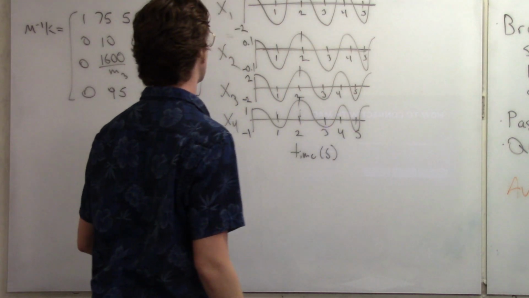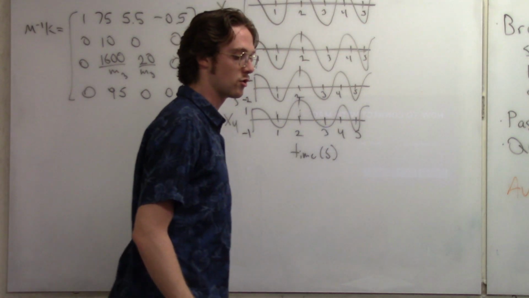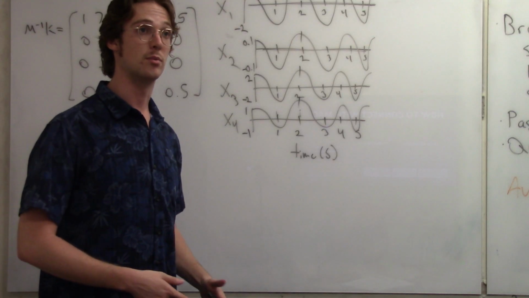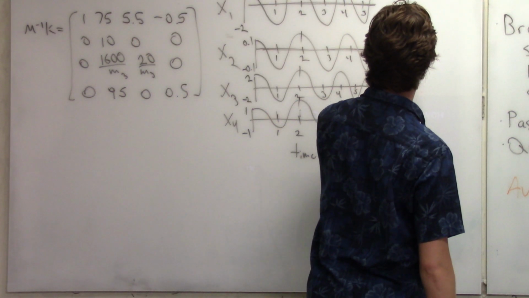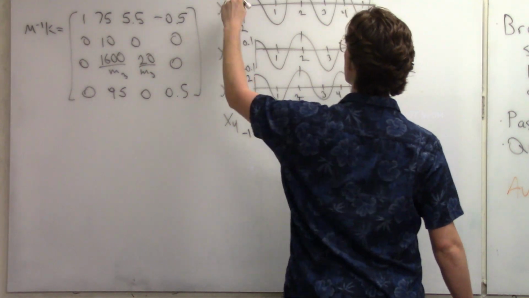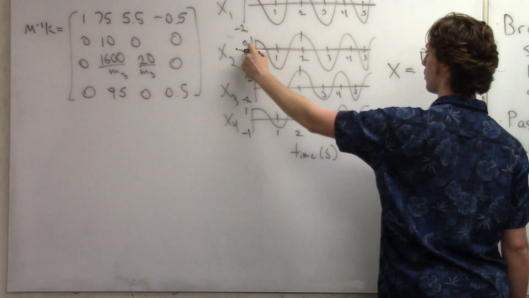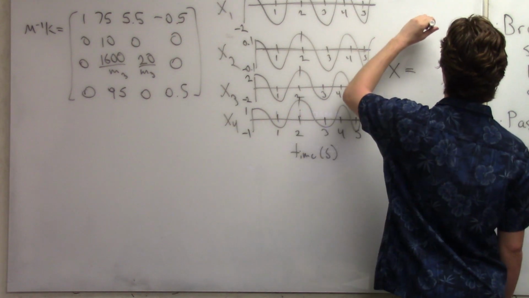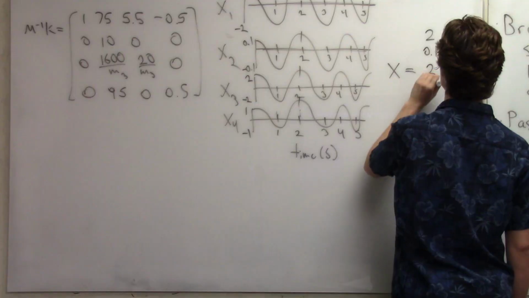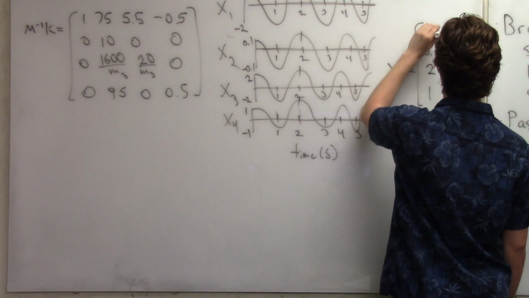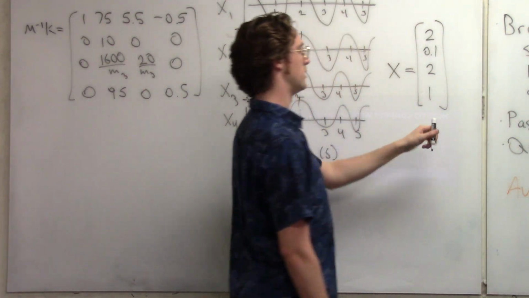Now, when we look at this graph, we're going to extract the relative amplitudes of each of these at the same time. So we can declare our mode shape to be 2, 0.1, 2, and 1. So 2, 0.1, 2, and 1 is our mode shape. This is what we have right here.